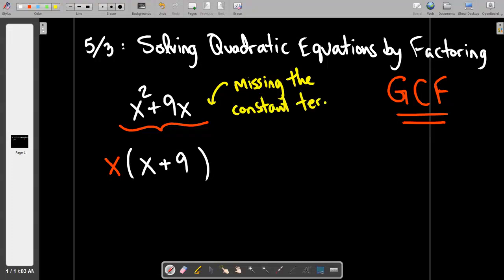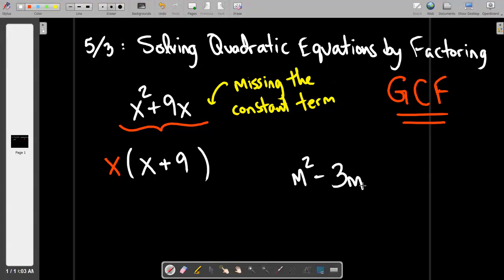You would agree that that's what made that situation unique, is the fact that there is no plus 18 at the end, or minus 22 or something like that. That's more what we're accustomed to. But when you see these come in, the ones that are missing quite specifically the constant term at the end, then that's how you approach it. You simply pull something out. And so let's test our knowledge here.